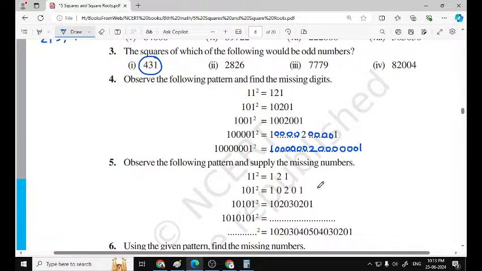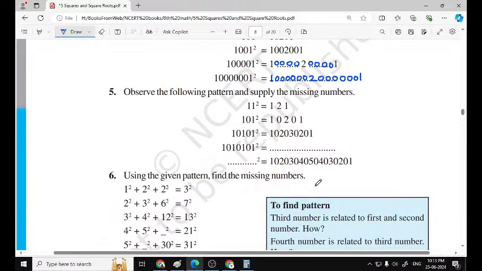Observe the following pattern and supply the missing number. Here the number of ones is 2, then the number of ones is 3. Let us observe the pattern carefully. 2 zeros, 1 1. The end ones are there.